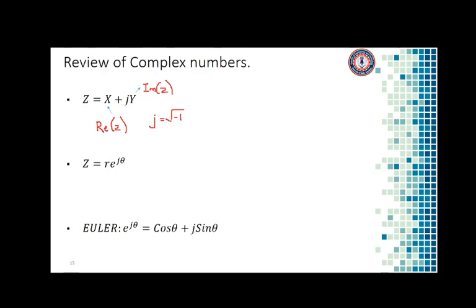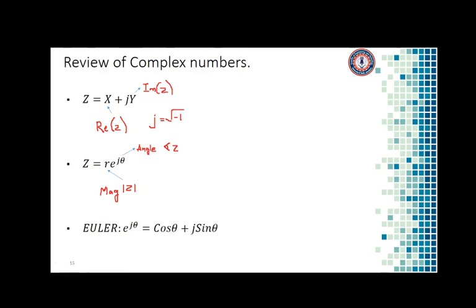The polar version of the complex numbers is z equals r e power j theta, where r is the magnitude and theta is the angle or phase. The key property that defines these relationships is Euler's formula: e power j theta equals cos theta plus j sin theta.